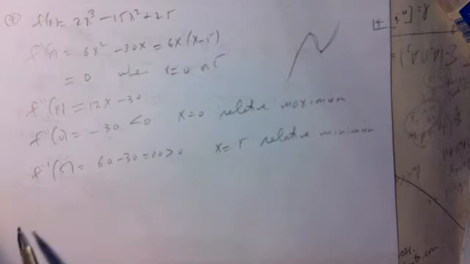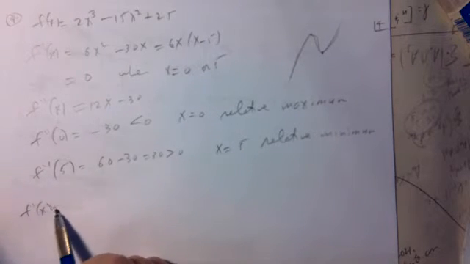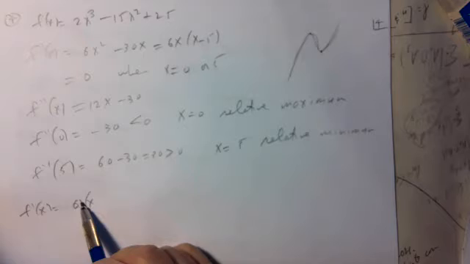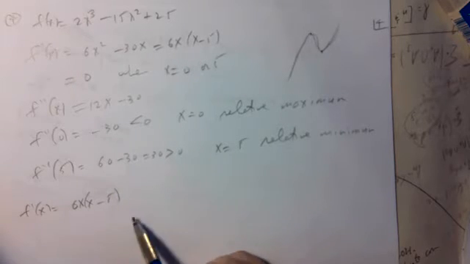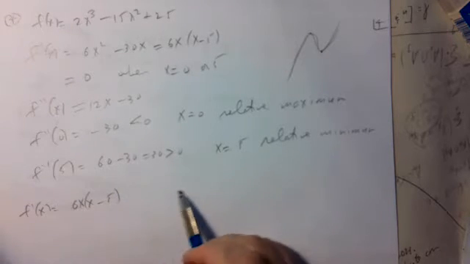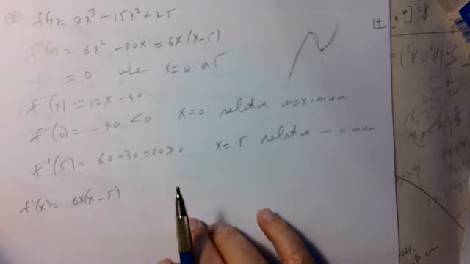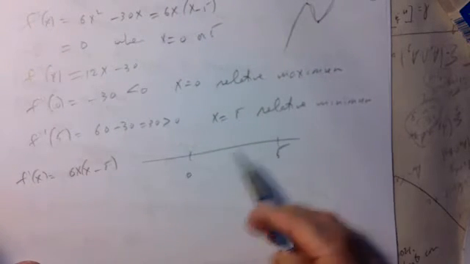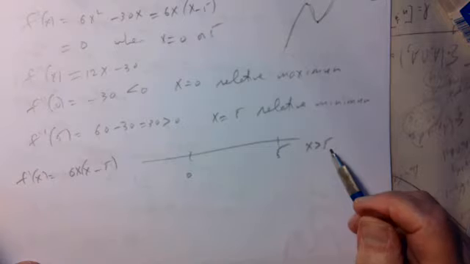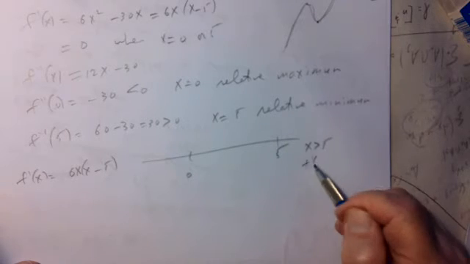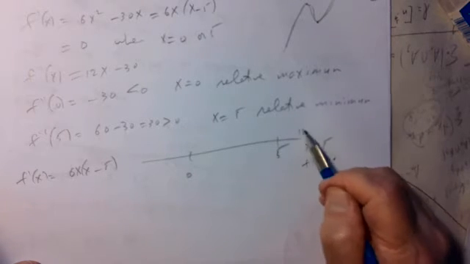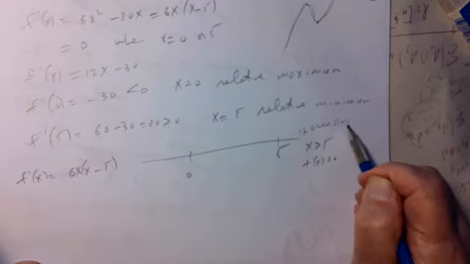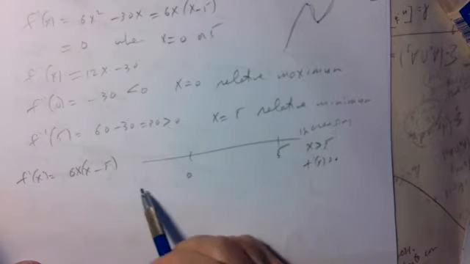If we look at the derivative, f prime of x equals 6x times x minus 5, what can we say about this? On the number line, when x is bigger than 5, f prime of x is positive, so the function is increasing.